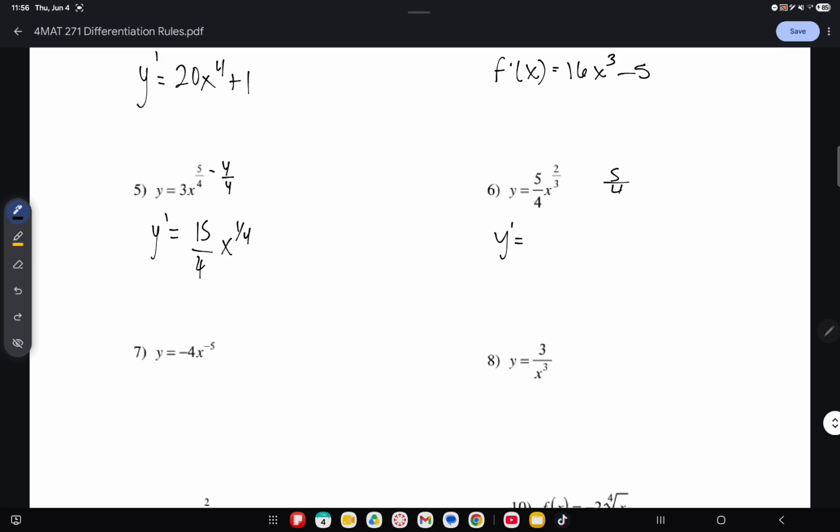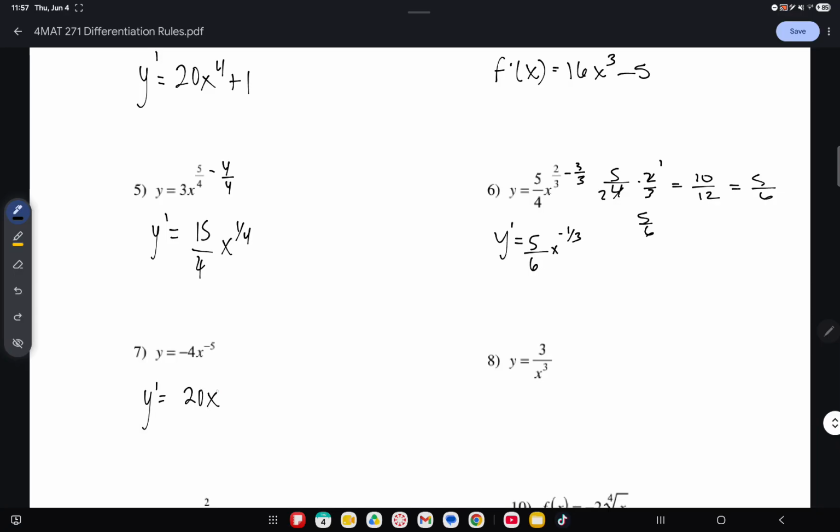And then I got 5/4 times 2/3. We can either say that that's 10/12 and reduce that to 5/6, or I see that as these cancel out, and that'll leave me with 5/6 immediately. So 5/6, and then we subtract 1 from the power, so -1/3.